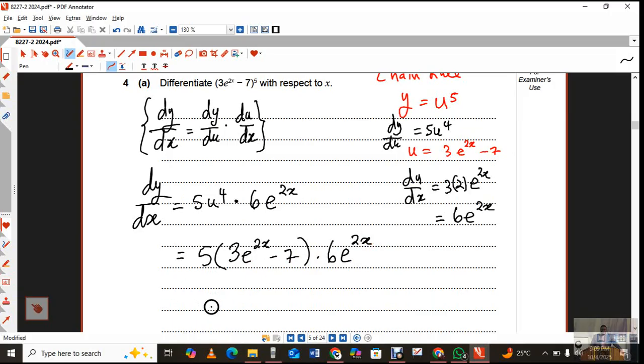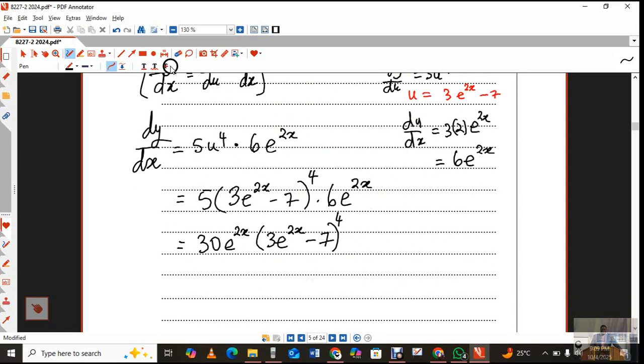Just clean it up: 5 times 6 gives you 30e to the 2x, and in bracket 3e to the 2x minus 7. And of course there must be a power of 4 that we nearly forgot. So that is the derivative of that. We have now differentiated that with respect to x.